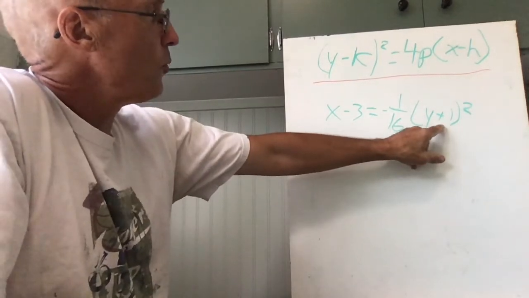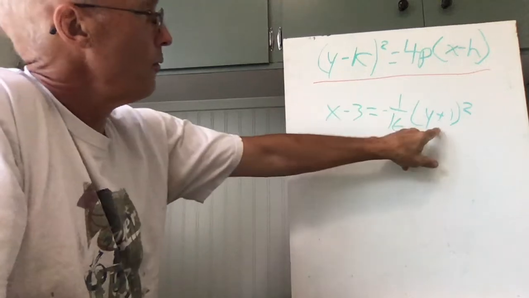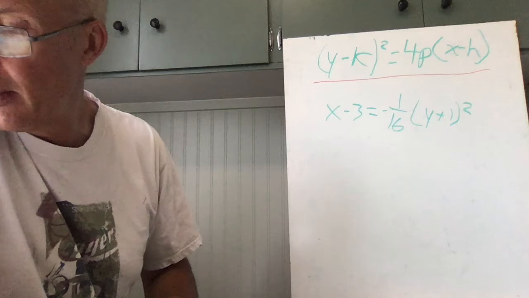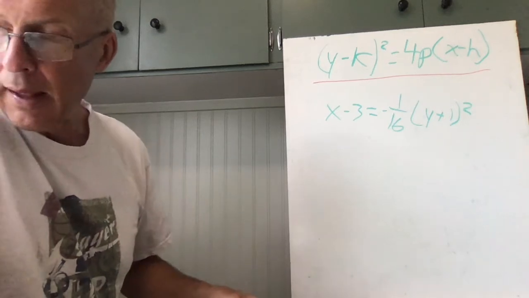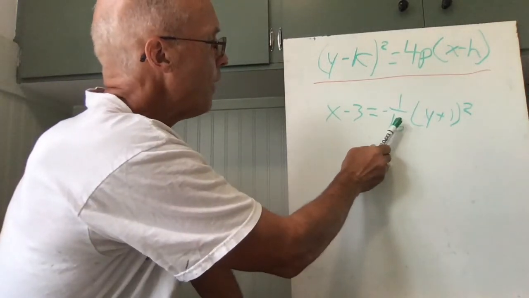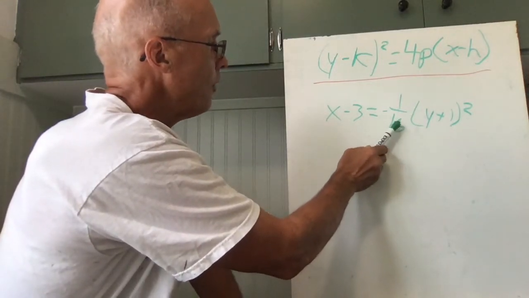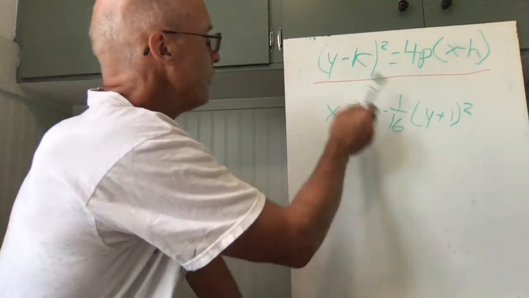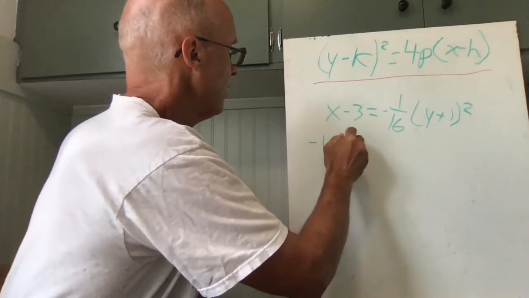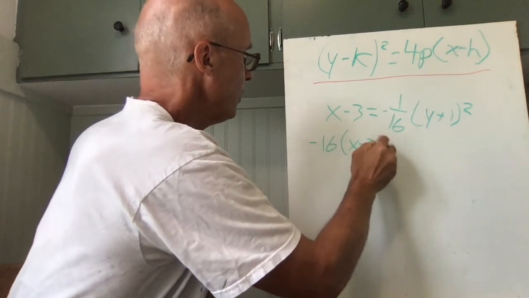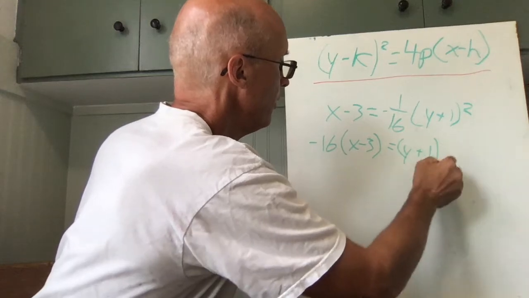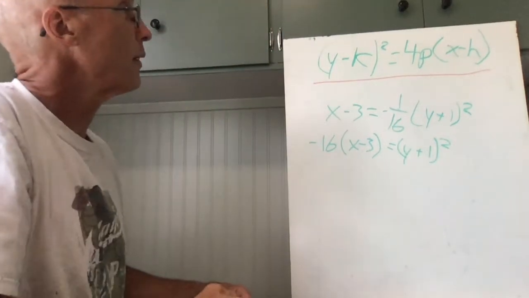See the squared term? We want that by itself. So let's get rid of this negative 1/16. We'll multiply it by the other side. It's kind of like we're dividing by 1/16, or multiplying, but when we move it we're going to multiply by negative 16. So it's going to be negative 16 times x minus 3 equals y plus 1 squared.